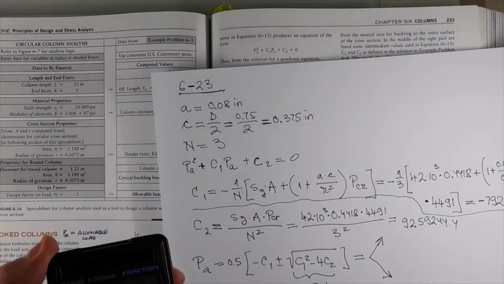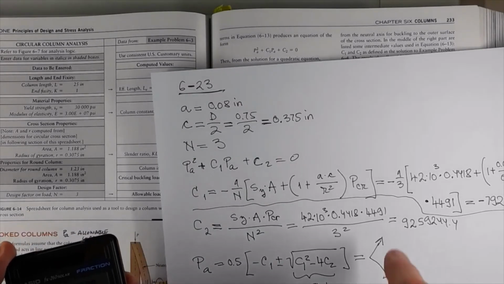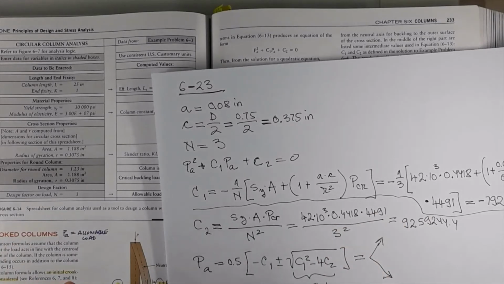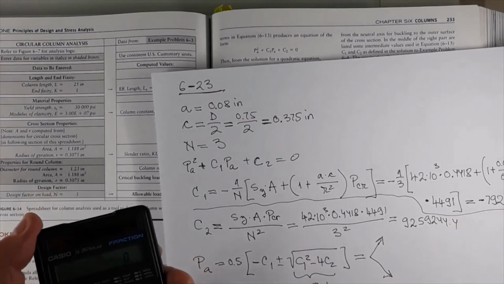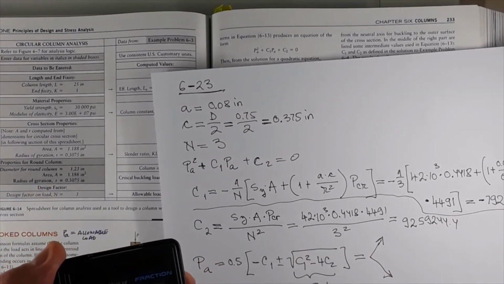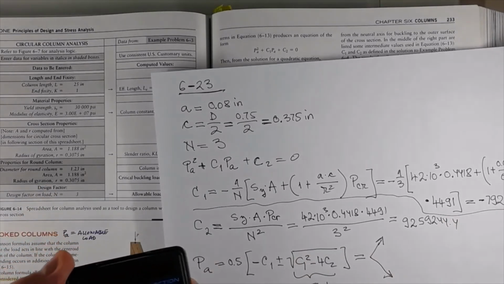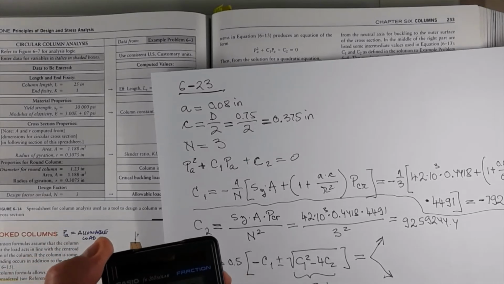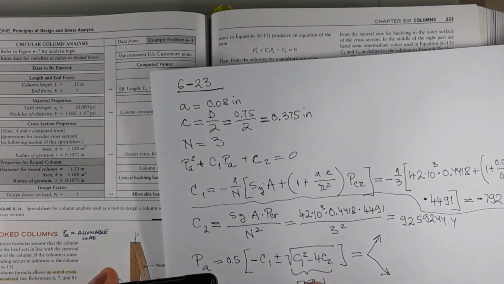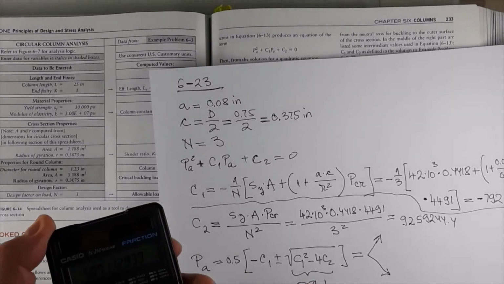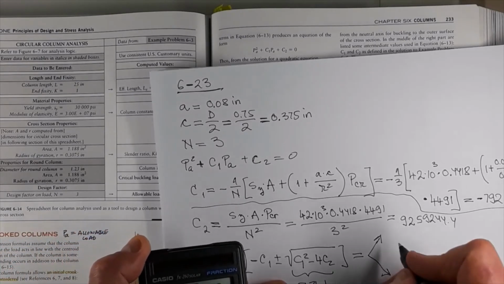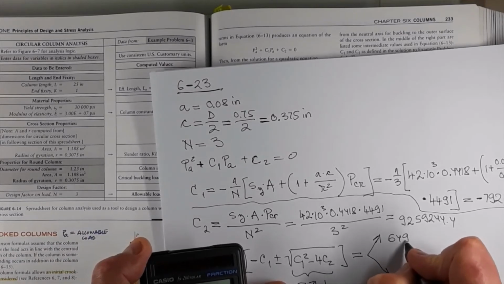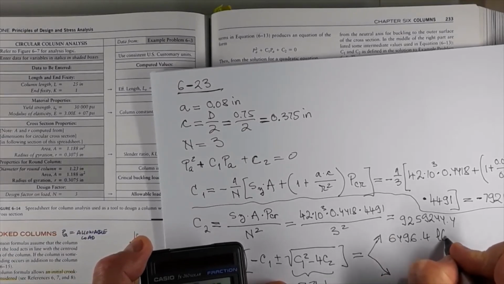Okay. Alright, so the two values now, and we're picking the smallest. C1 again is negative, and with the negative it is positive, so I have 7921.7 plus the discriminant equals, divided by 2 or times 0.5, this is 6496.4 pounds.